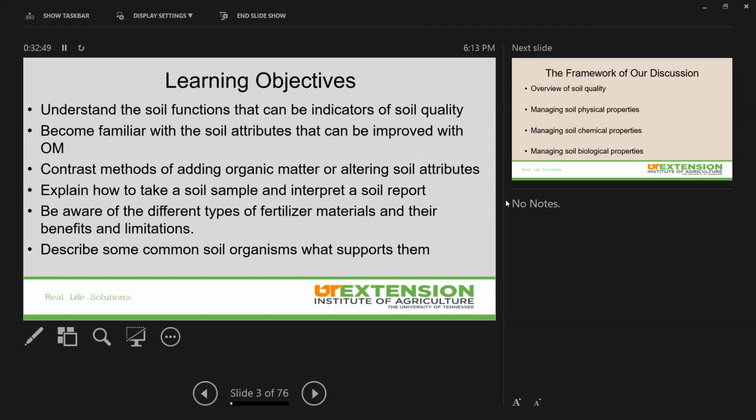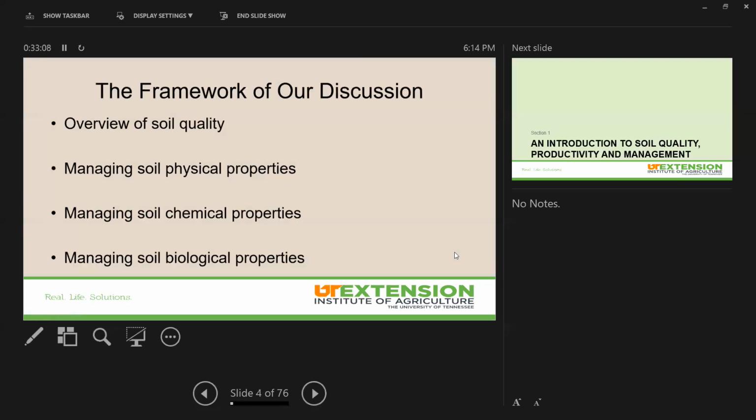We're also going to look at different types of fertilizers, the materials, the form that the fertilizer comes in, and their benefits and limitations, and then look at some of the common soil organisms that need to be in the soil to support plant growth. So again, an overview of soil quality: we're going to look at the soil's physical properties, chemical properties, and biological properties.